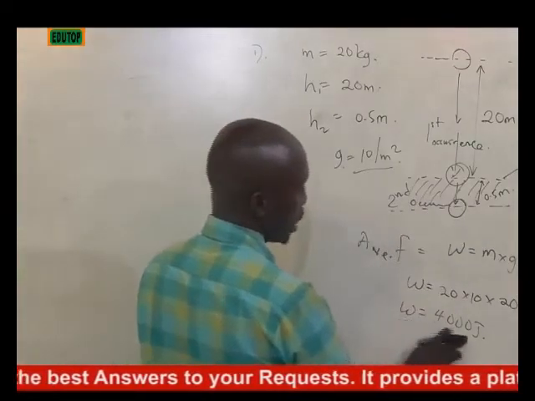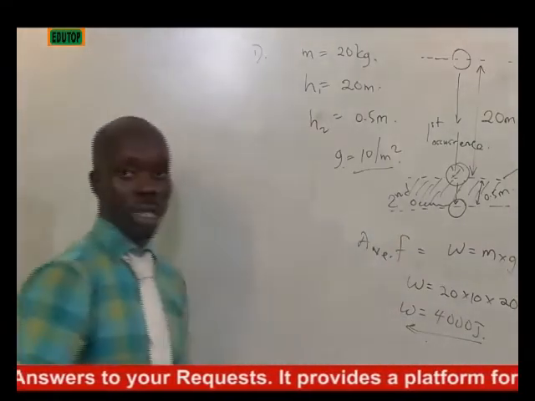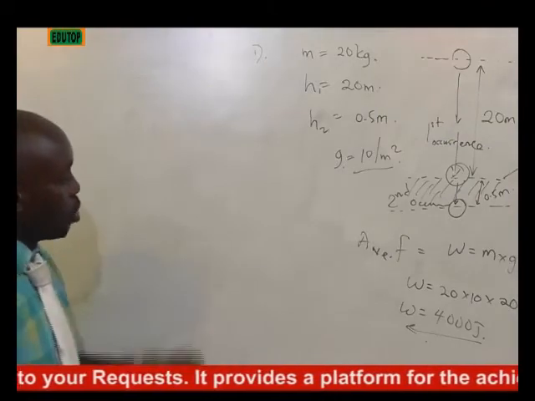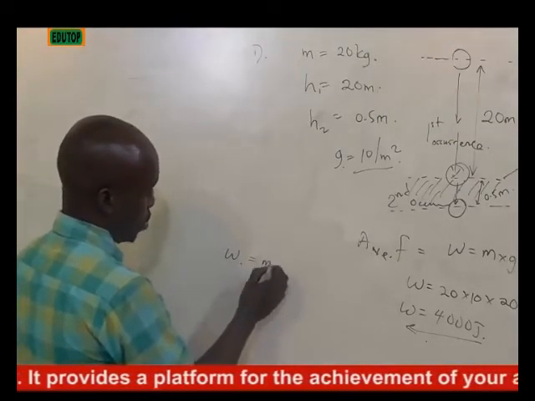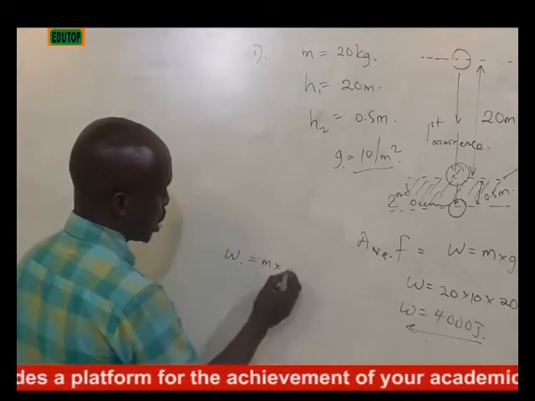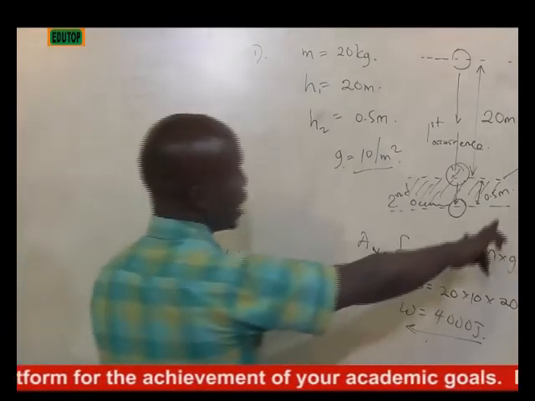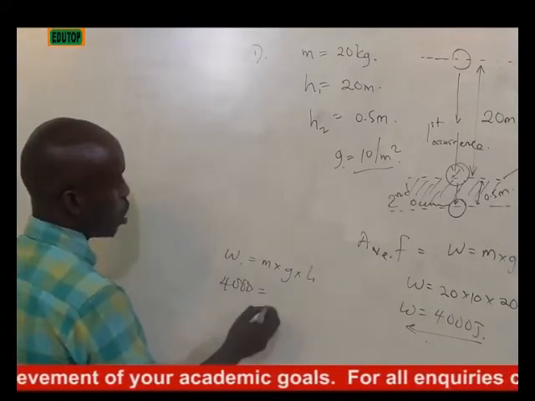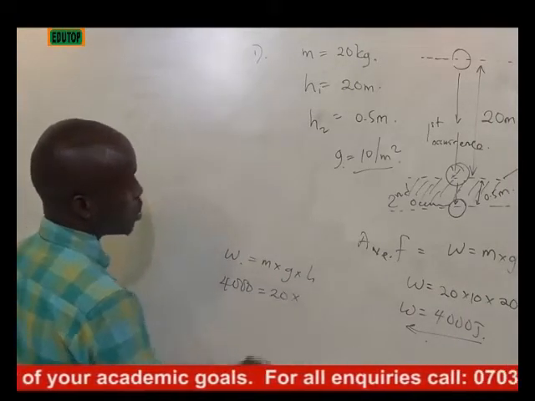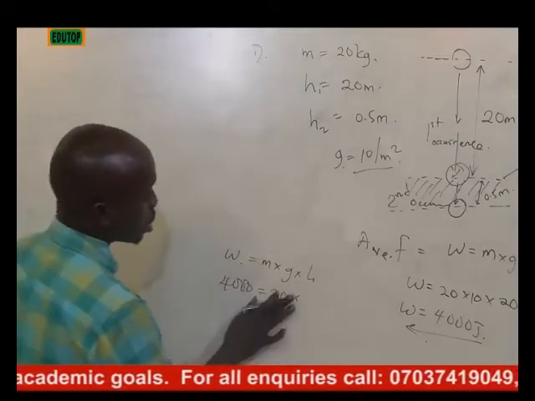Now, from the first occurrence, I got my work done as 4,000 joules. Now, I will go to my second occurrence, which is work done: mass times gravity times height. The height exhibited here is 0.5. So I'll say 4,000 joules equals my mass, which is 20. Okay.